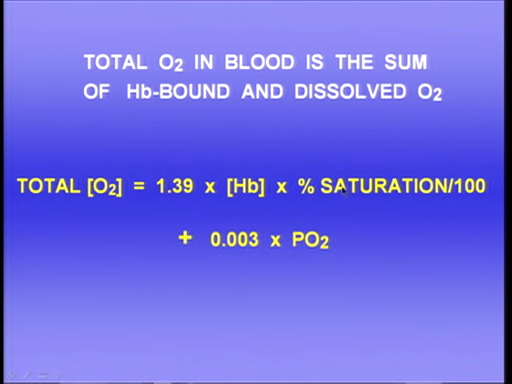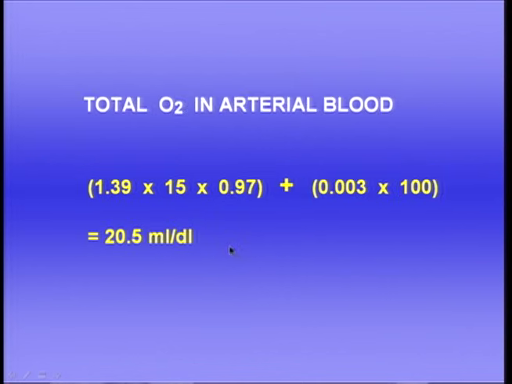So this would be 0.97, plus the amount that's dissolved. Let's do this calculation for arterial blood, where the PO2 is, say, 100 millimeters of mercury. This would be 1.39 times 15 times 0.97 plus solubility 0.003 times 100, the PO2, and that all comes out to be about 20.5 mils per deciliter.